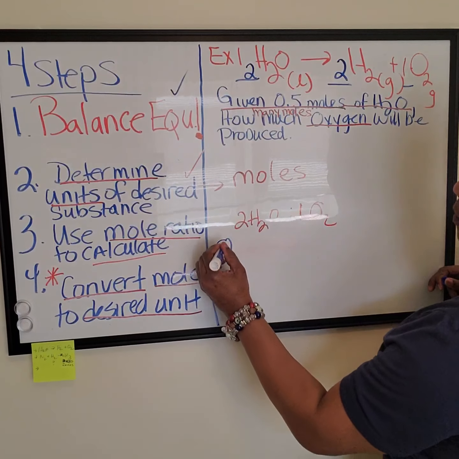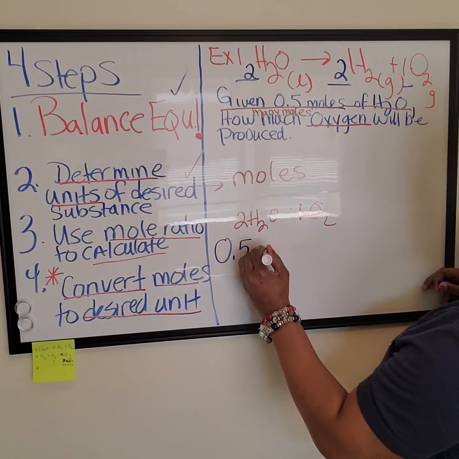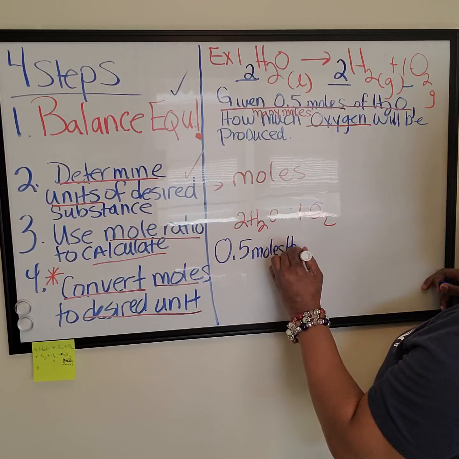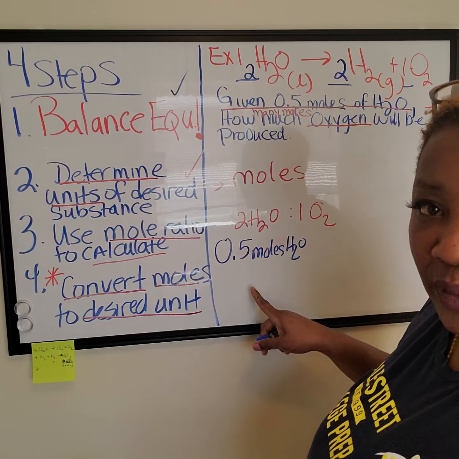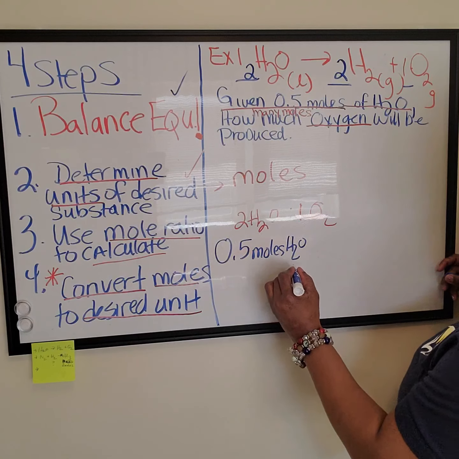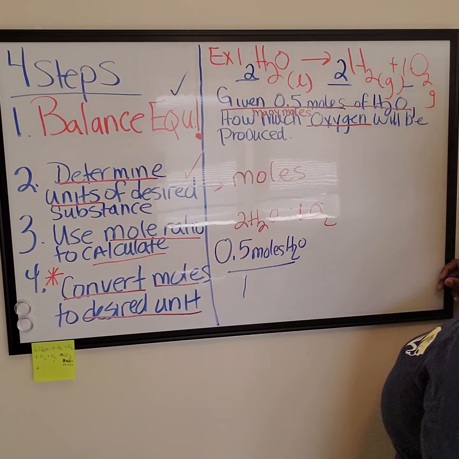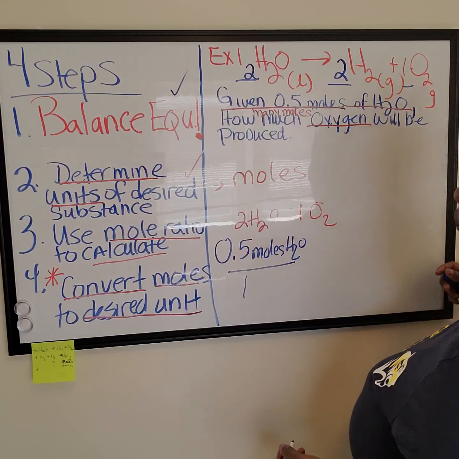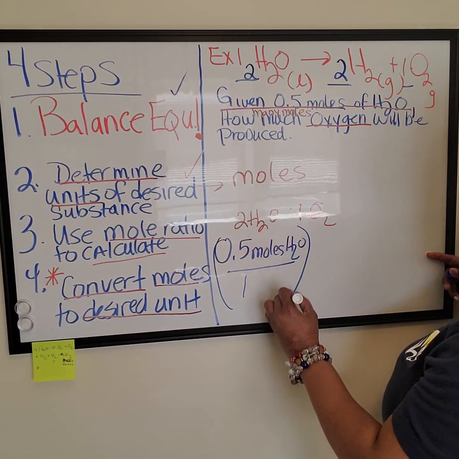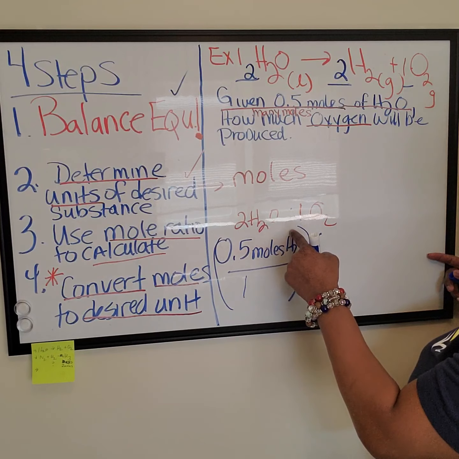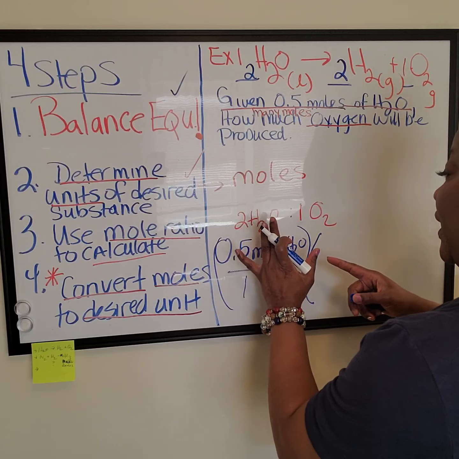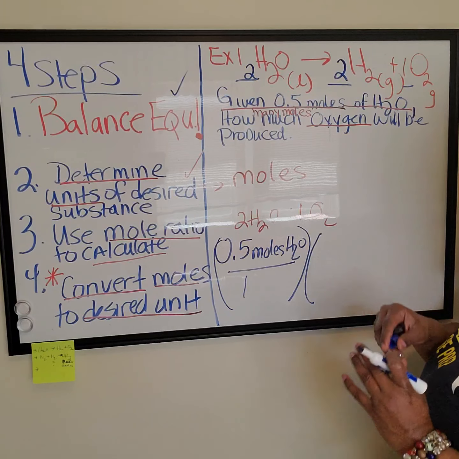We have 0.5 moles of water. And actually put that so you don't mix up your relationship. And that is over just 1, right? Then we start out with something, we just have moles of H2O. Now, if we factor this mole ratio here, we have 2 moles of H2O relative to 1 oxygen.